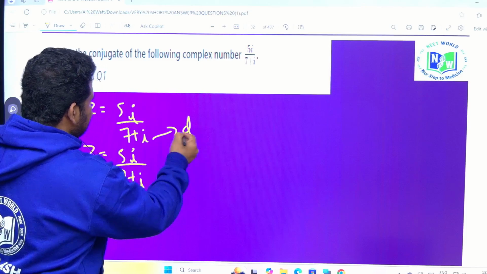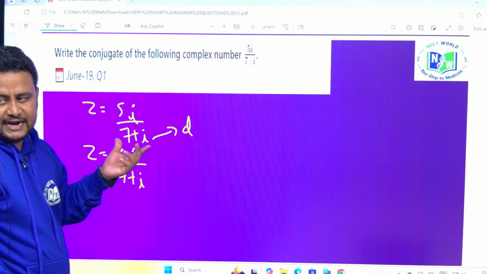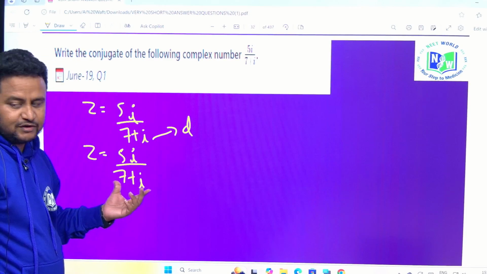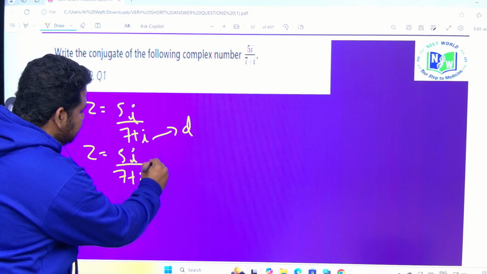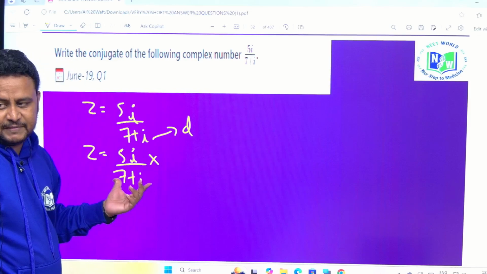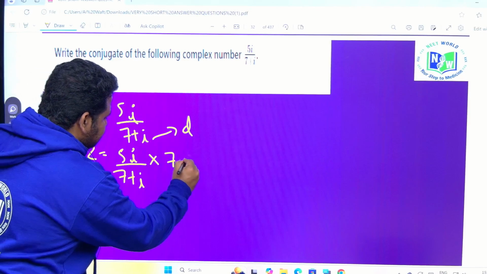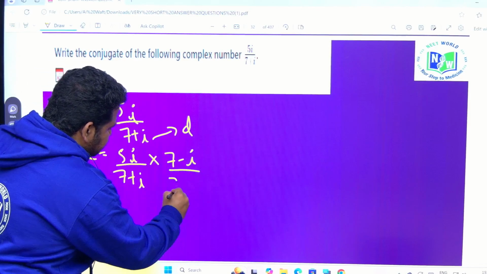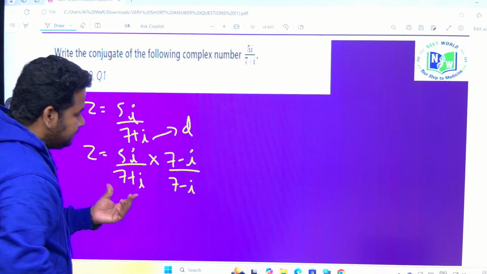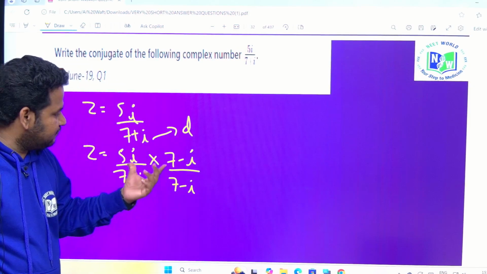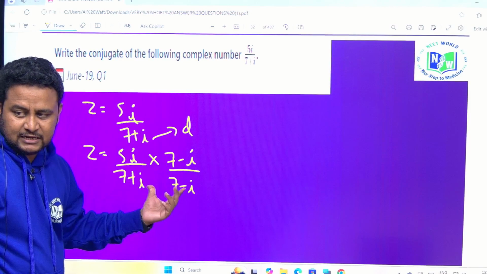Multiply numerator and denominator by the conjugate of the denominator. The conjugate of the denominator is what? Change only the sign of the imaginary part. So the conjugate of 7 plus i is 7 minus i.